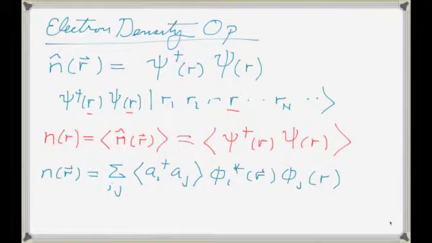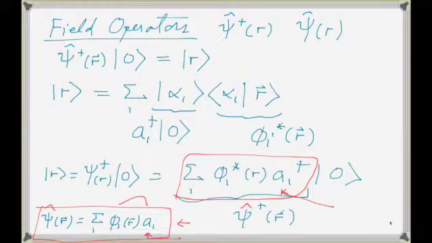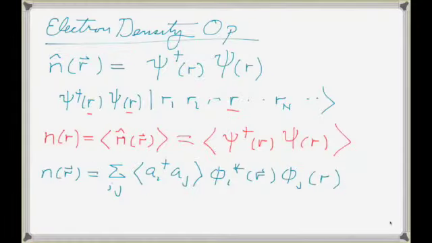Just doing that basis transformation from the psi's to the localized orbital basis, using this relationship here, plugging in these two expressions for my psi dagger and psi. The brackets just go around the operators.